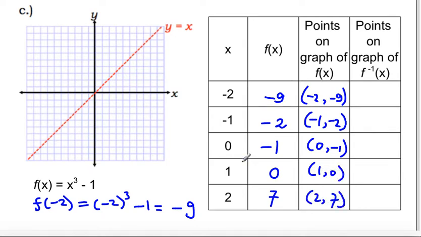So let's try and plot them. Let's just do 1 unit per box like this. So then -2 and -9. See if I counted correctly, I think so. So then (-2, -9) will be somewhere here. (-1, -2) will be somewhere there. (0, -1) here. (1, 0) over there, and (2, 7).